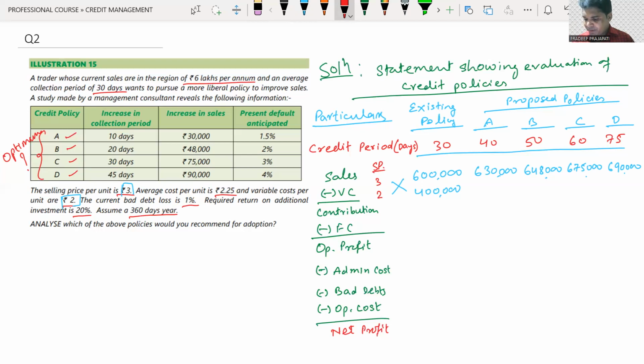So we can cross multiply to get variable cost, or you can find out the number of sales units. 6 lakh is the total sales, sale price per unit is rupees 3. If you divide, 6 lakh divided by 3, you will get 2 lakh units. Variable cost per unit is 2, so 2 lakh into 2, you will get 4 lakh variable cost. Either you do cross multiplication or you find the number of units and multiply with the variable cost rate per unit. I am using the cross multiplication trick.